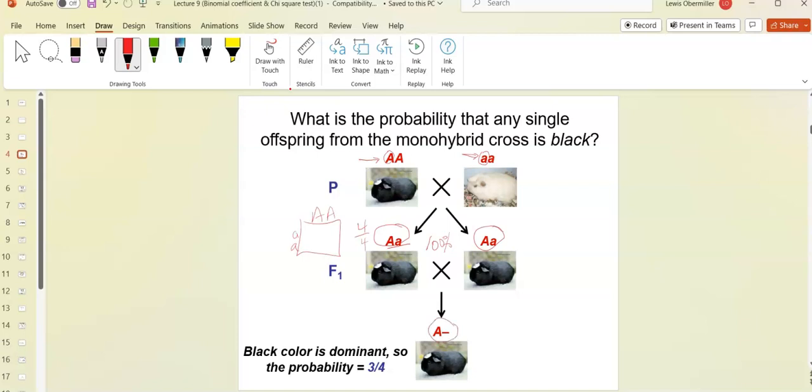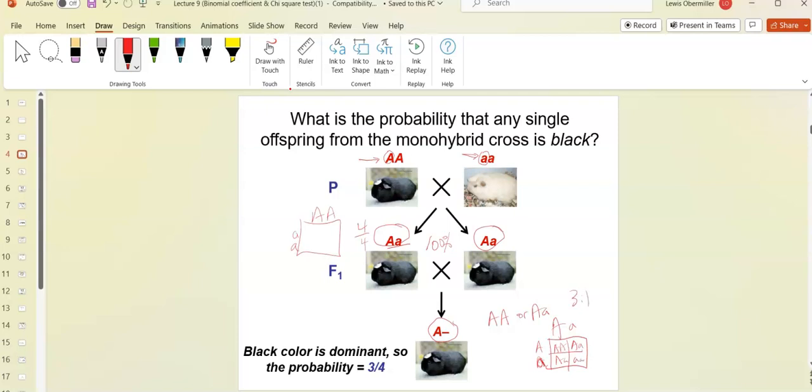So what's the probability that we're going to get either big A, or big A, little a? Well, we know from doing Punnett squares that the possibilities are big A, big A, big A, little a, big A, little a, little a, little a.